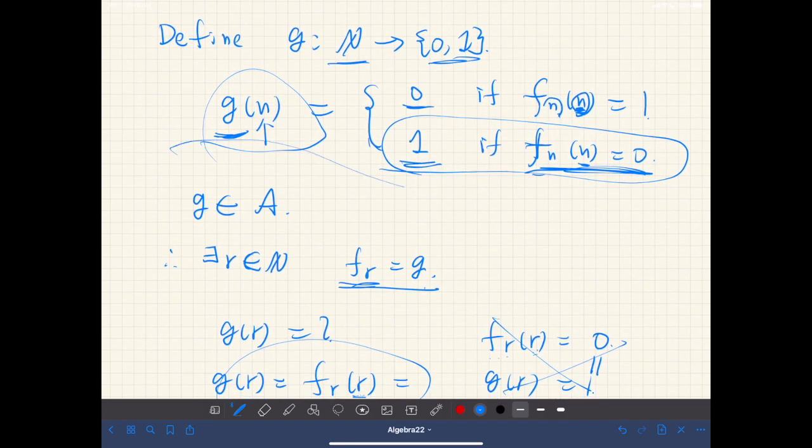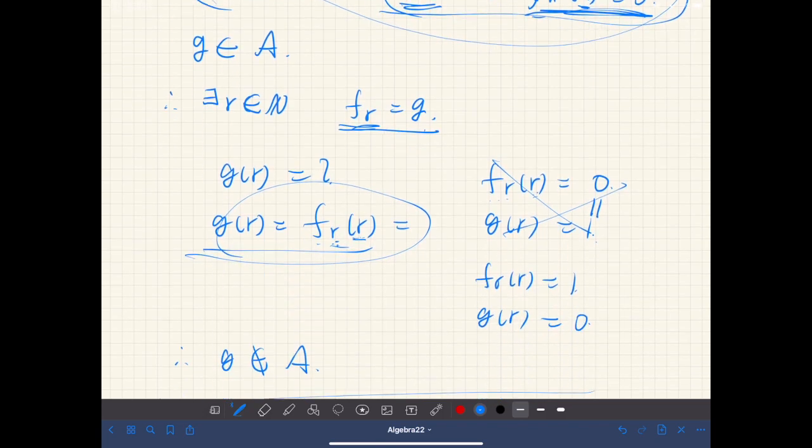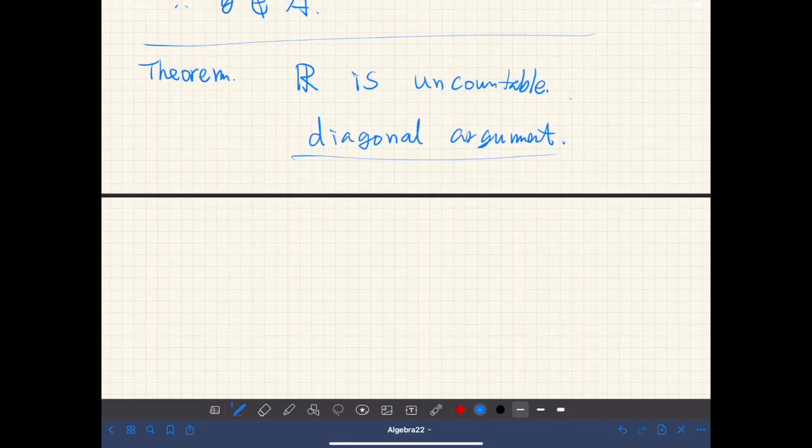We define something like this for real numbers. Actually, we don't have to prove this for the entire real numbers. All we need to prove is just real numbers between 0 and 1. If that is uncountable, then R itself is also uncountable, of course.